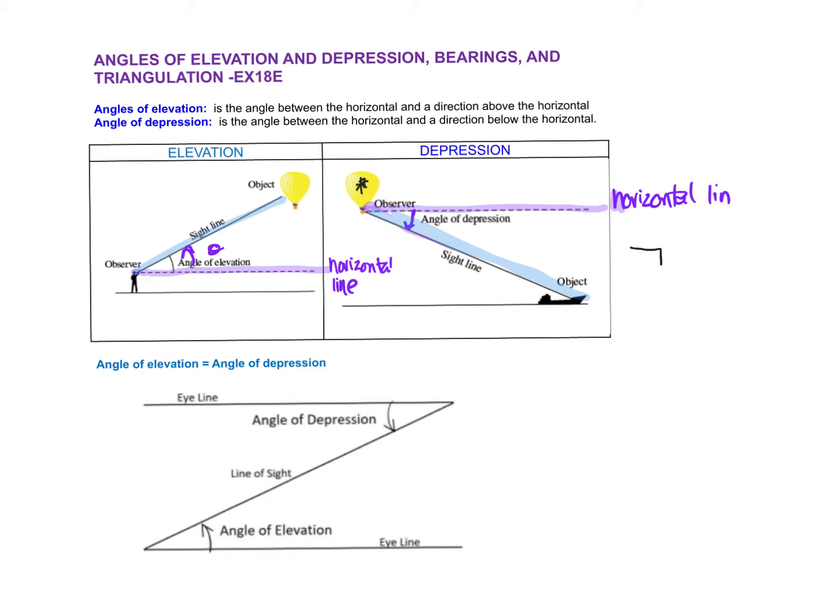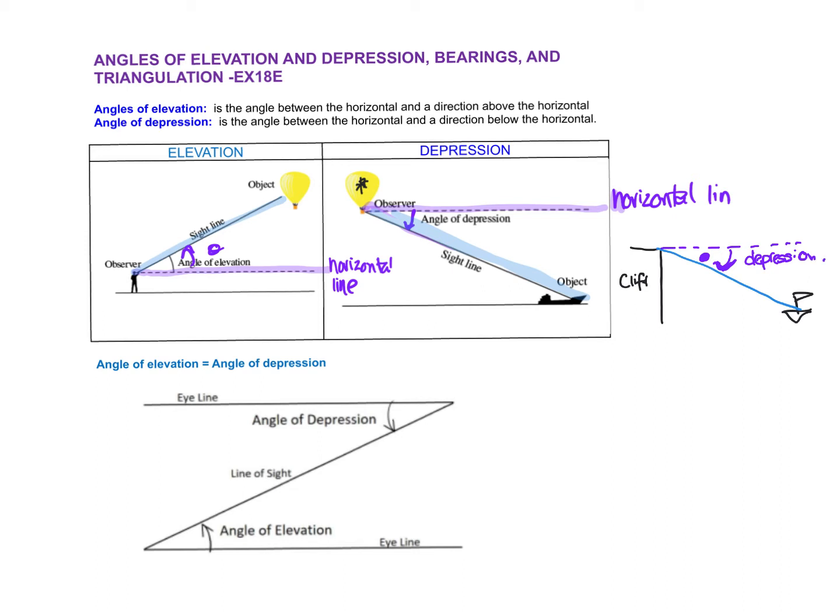If you have the cliff, and then you have a boat out at sea, there's the line that joins them. When they say the angle of depression, they are actually talking about this angle in here.